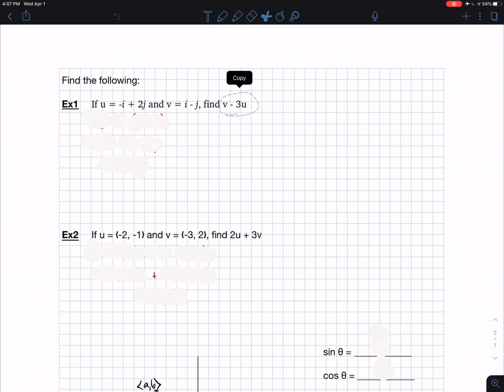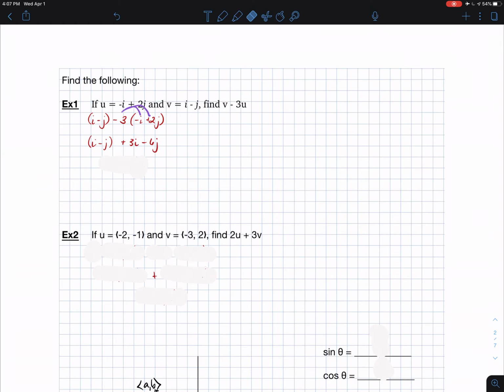So all I'm going to do is write down my vector v. There it is, just copied it down. And I'm going to subtract 3 times, and I'm going to write down my vector u. At this point, I'm going to keep my vector v there. I'm not going to touch it yet. But I am going to distribute to the two pieces of my second vector.